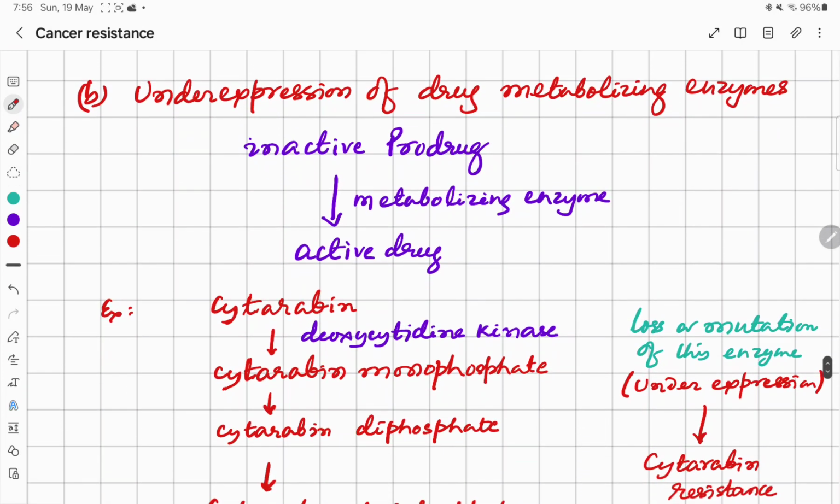The resistance can also occur due to underexpression of drug metabolizing enzymes in the case of prodrugs. So inactive prodrugs which are metabolized to become active, in those cases underexpression of the drug metabolizing enzyme can lead to resistance.